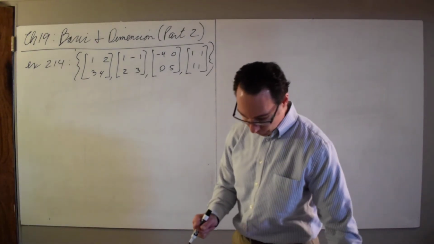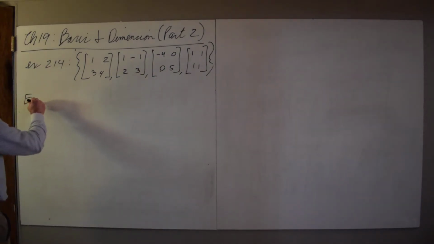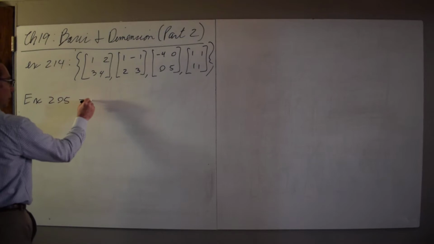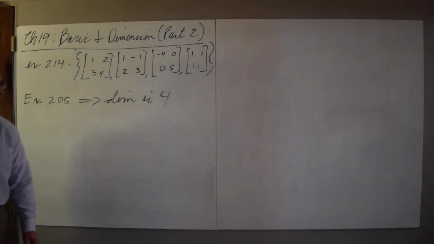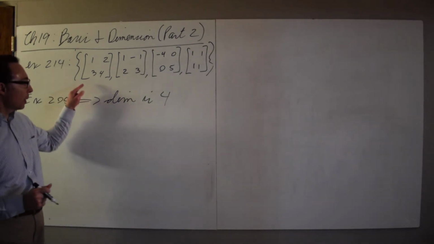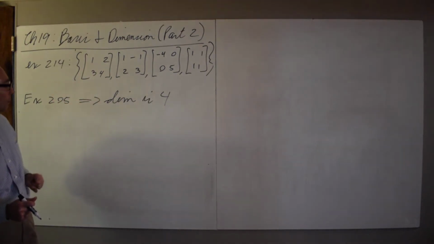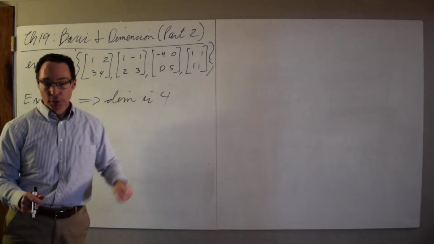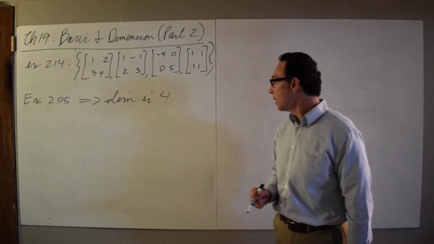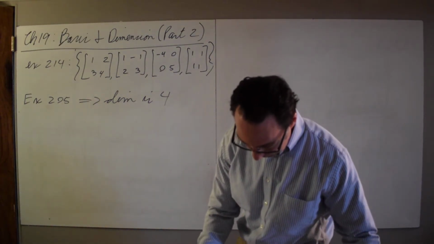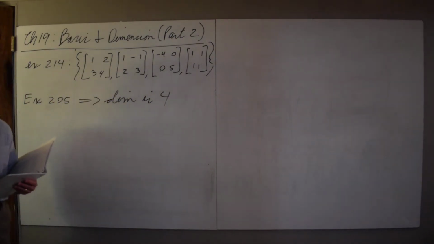Now, from example 205, this implies that the dimension is 4. We found 4 linearly independent matrices that spanned M2 by 2, so we know that the dimension is 4. So the question is, are these 4 vectors in this space linearly independent or not? We're going to show that they in fact are.